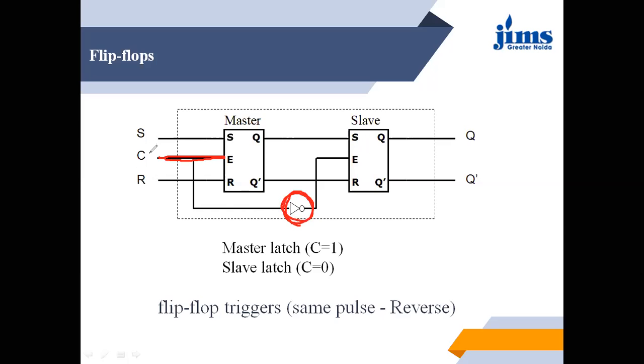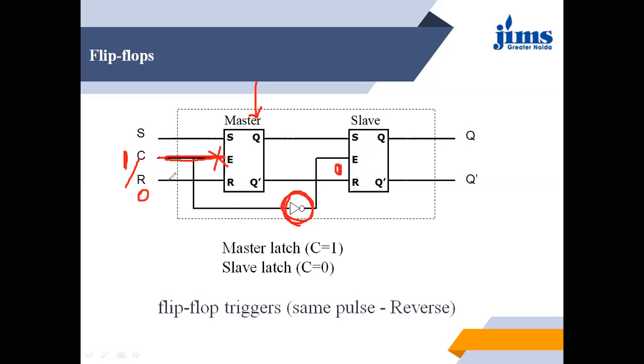For example, over here I am giving a signal 1 to this clock pulse, so the reverse of this is 0. So when this is 1, at that time only this flip-flop will work, and the other flip-flop will not work.